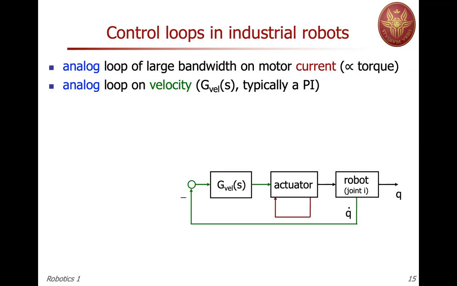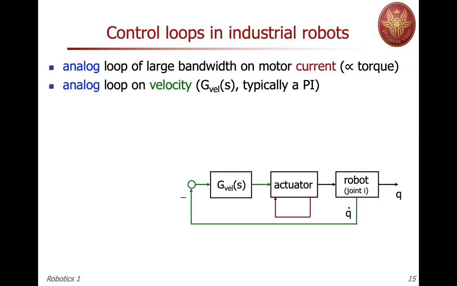So local. There's no need of transferring measurement from one joint to the other or going through the central architecture, although this is what is being done. And we compare with some reference, which is not yet listed there. There's only a minus sign, but on that summation block at the beginning, there will be a plus with a reference velocity, and you generate an error on the velocity, and then here I express the controller as a linear controller. So this is why I'm using the Laplace notation.